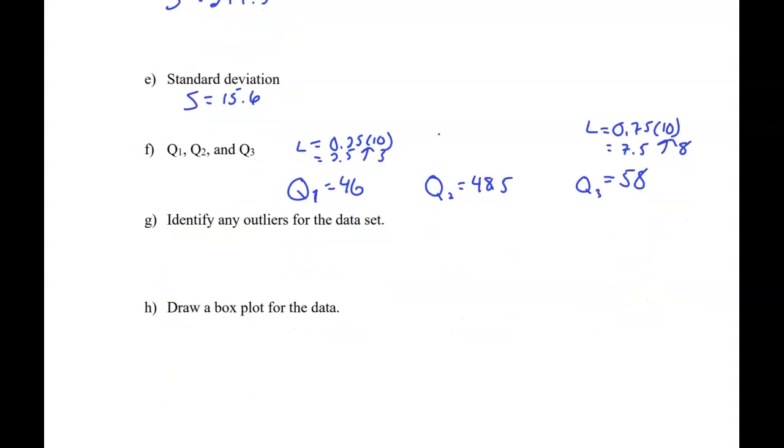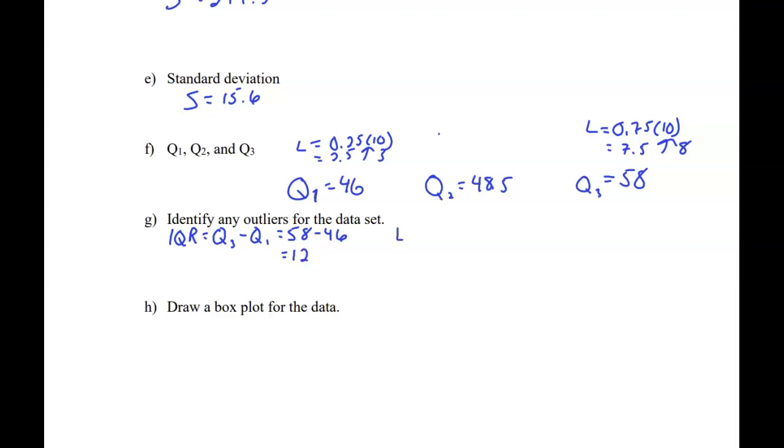Now, to identify any outliers, we have to calculate our interquartile range, IQR, which is Q3 minus Q1. So that's 58 minus 46. 58 minus 46 is going to be 12.